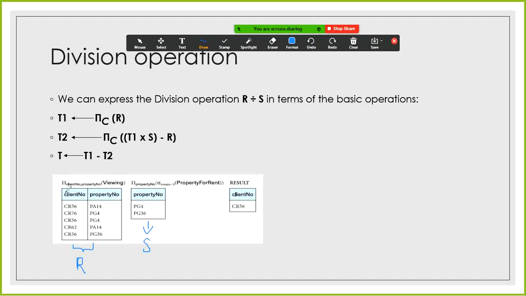So client number column is the column that is present in R and not in S.